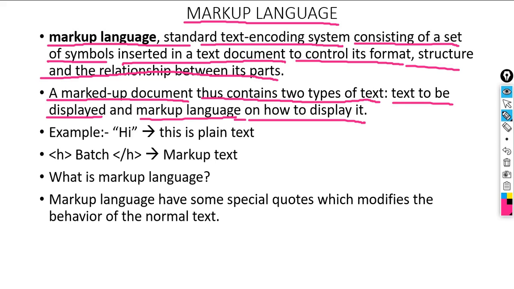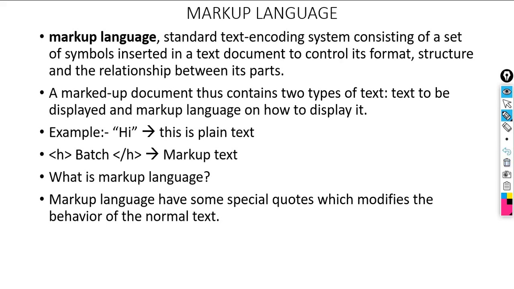Here we have written hi. Hi is a plain text, correct? Simple hi, there is nothing special in that. Here hi means plain text. Now here I am using a heading tag, opening and closing; any h1, h2, h3, any heading tag I will use.